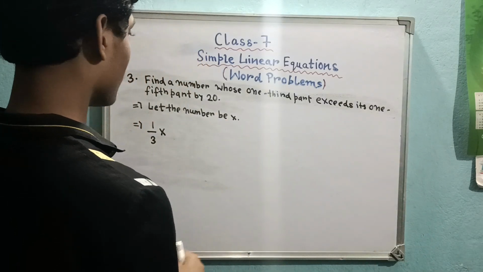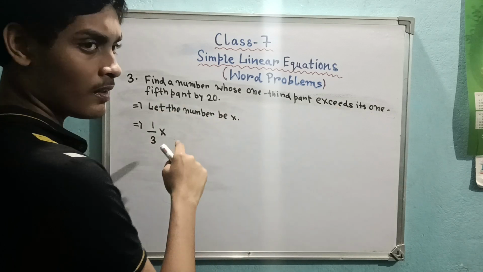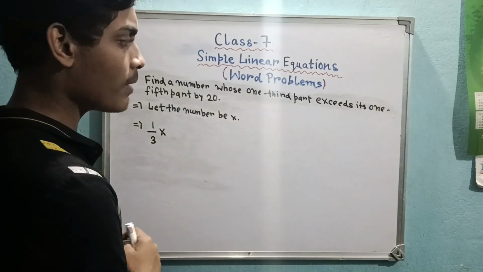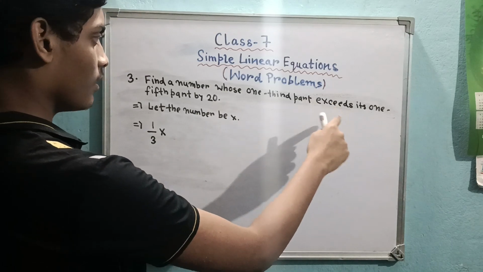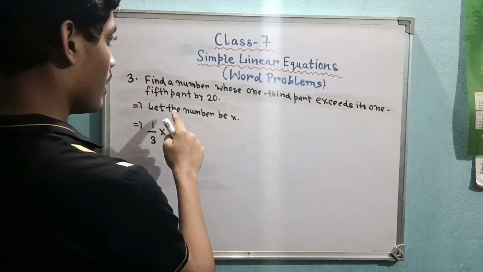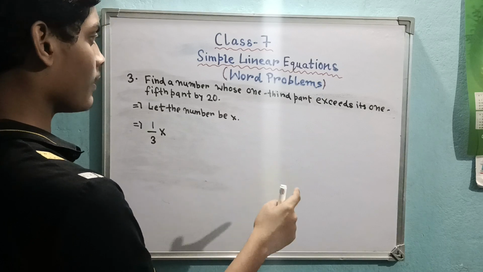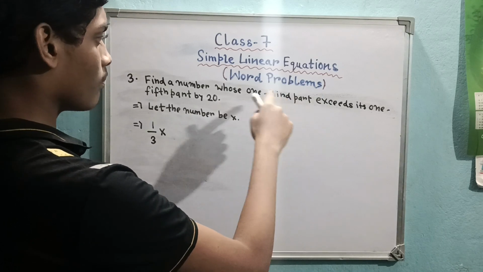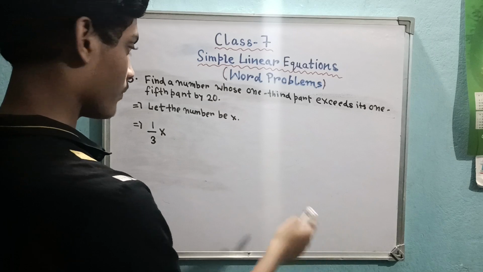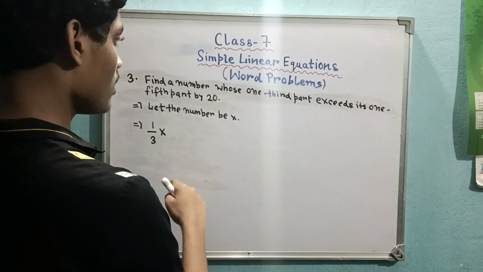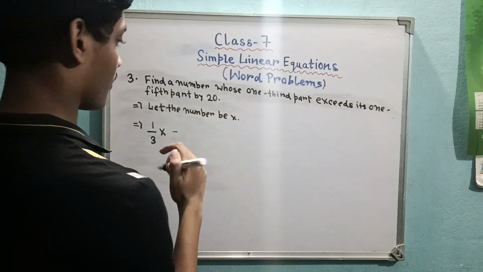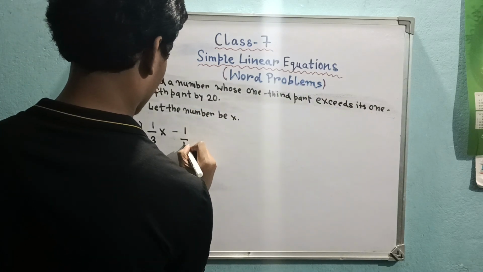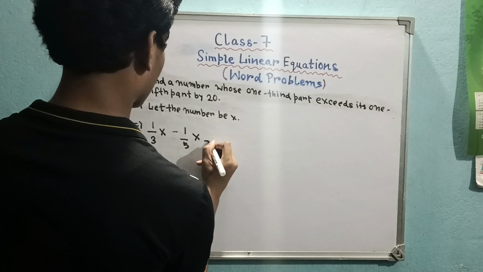That means the 1/5 part of x will get subtracted from the 1/3 part of x, as it is exceeding. This is larger and this is smaller. We know that subtraction happens of the smaller from the larger. So 1/3 of x, this is the larger one, minus 1/5 of x. This will be equal to 20.